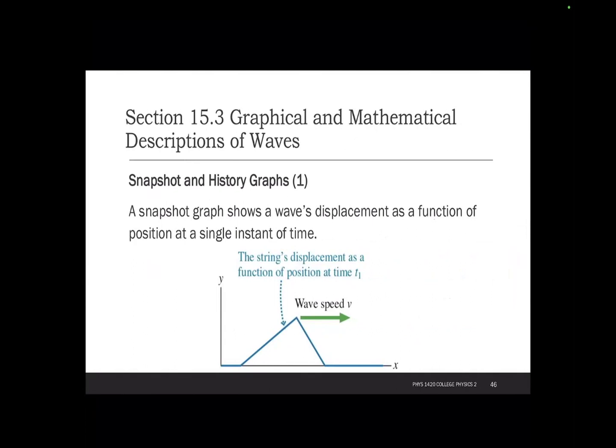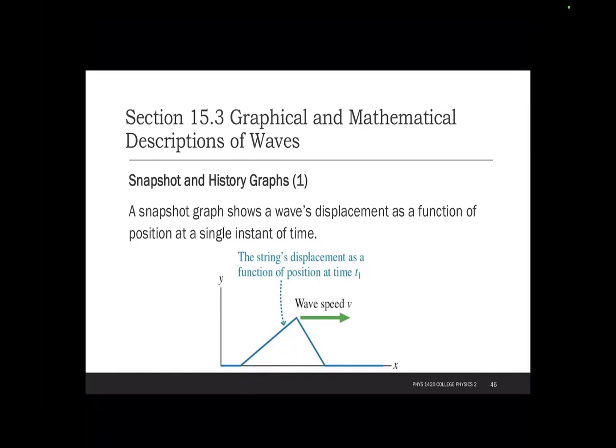Okay, let's see the other very important thing. Section 50.3, graphical and mathematical description of waves. Firstly, let's talk about the graphical description of waves, and then the mathematical description.